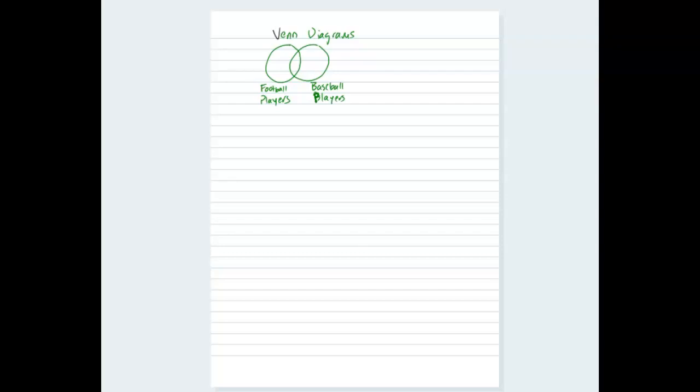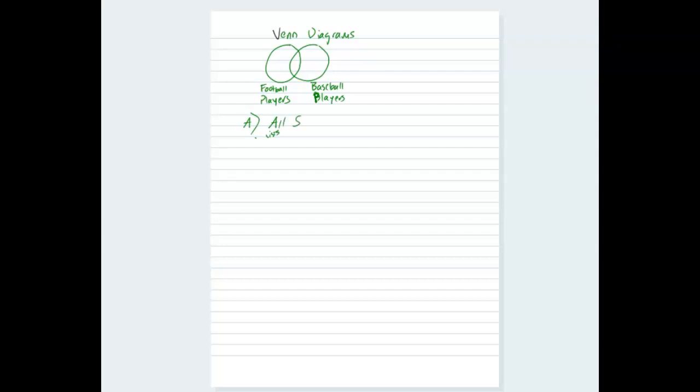So there are people who are just football players, like Tom Brady, and he's going to be in the far left-hand side of the diagram. There are people like Bo Jackson and Deion Sanders, who are both football players and baseball players, and they're going to be in the place where the two circles overlap. And then there are people on the far right of the circle, like Derek Jeter, who is just a baseball player.